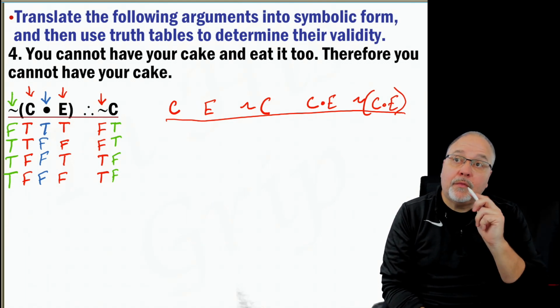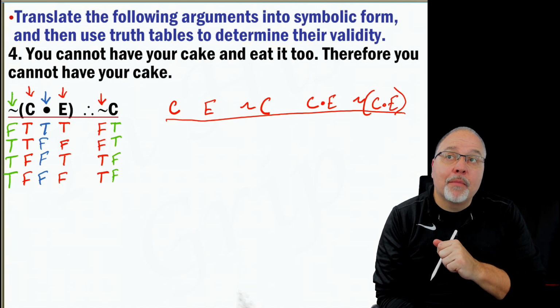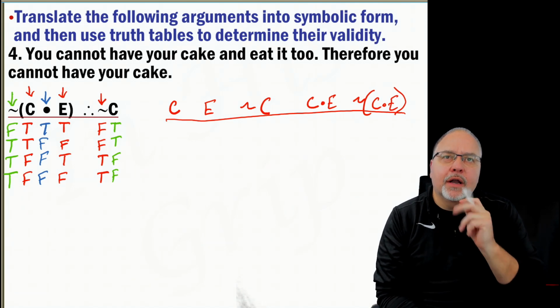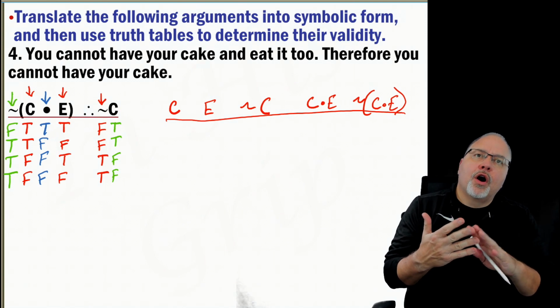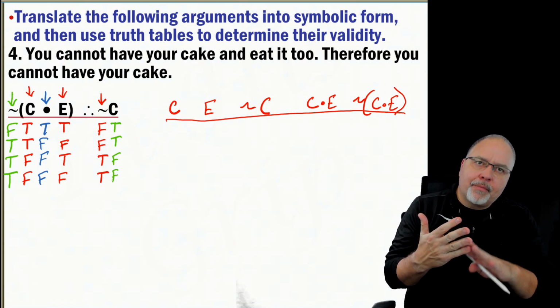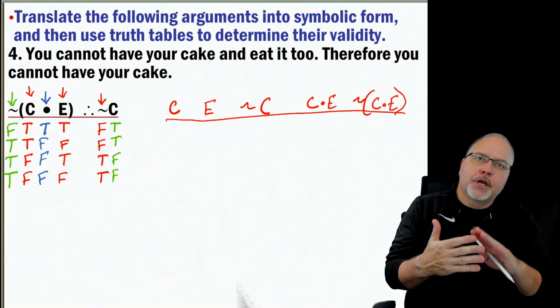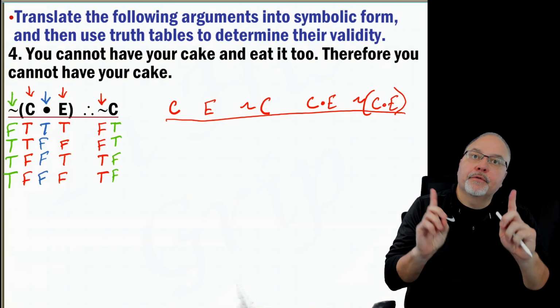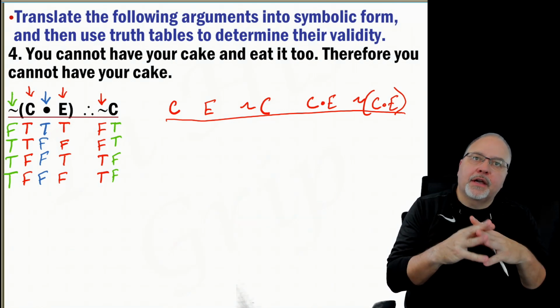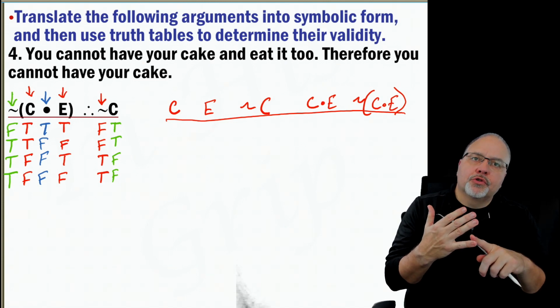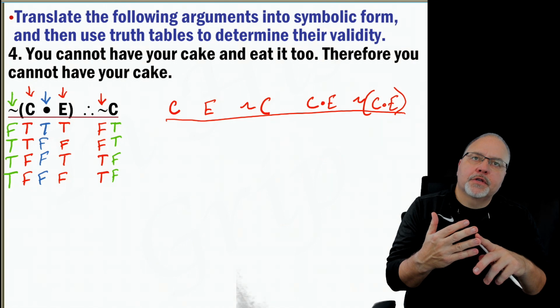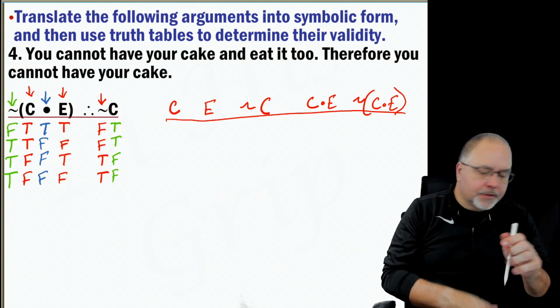So now what am I looking for? Validity. What is the definition of validity? Validity is in all the rows where the premises are true, the conclusion must be true. The other way, and I think the easier way to think of it, if I have a line where the premises are true and the conclusion is false, then this argument is invalid.